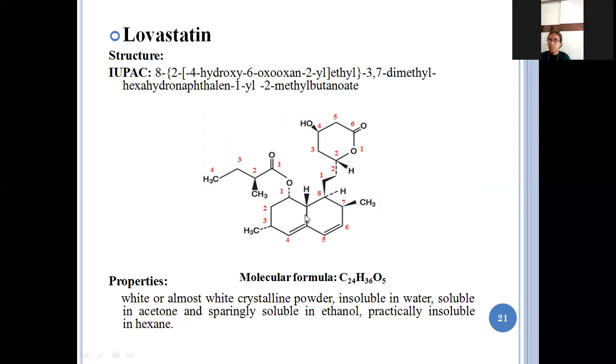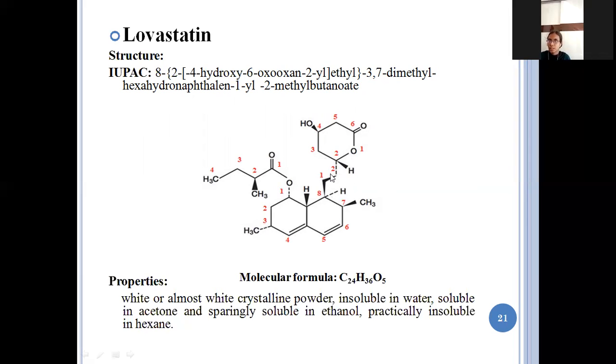If you see here, this is the naphthalene structure. In the third and the seventh position, methyl groups are there, 2 methyl groups, and here in the eighth position, 2 carbon atoms are there, that is ethyl.